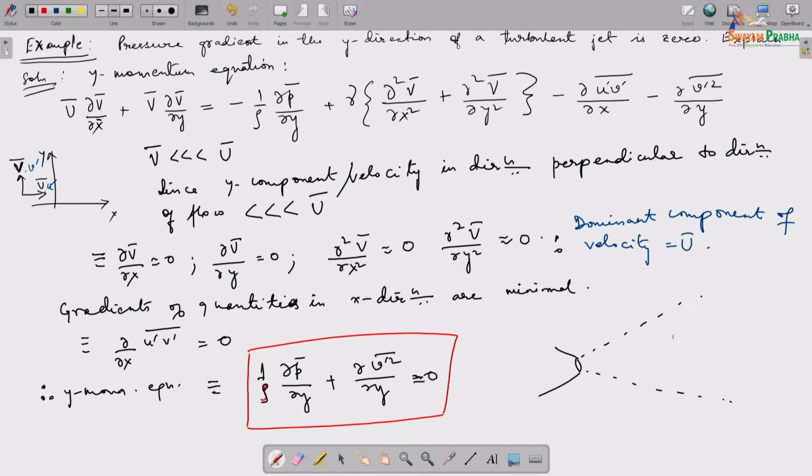One is A, where the turbulence dominates, and one is far away, which is B, where turbulence is minimum, and it has free stream pressure.